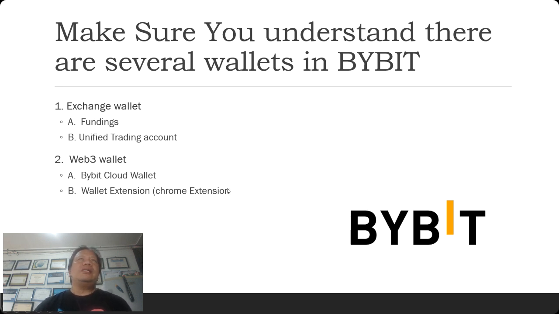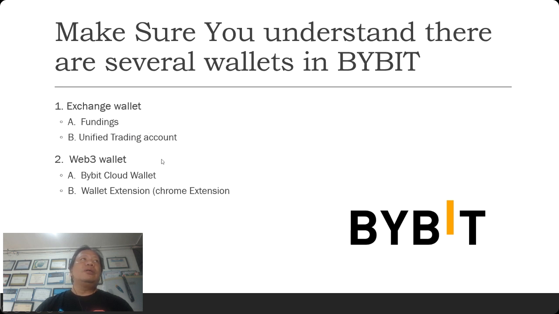Just to make sure you don't lose money, you have to understand that Bybit is a very complex infrastructure. You have different wallets: the exchange wallet, with divisions in your exchange wallet such as funding, unified trading, and earn. Your money will go to your funding.